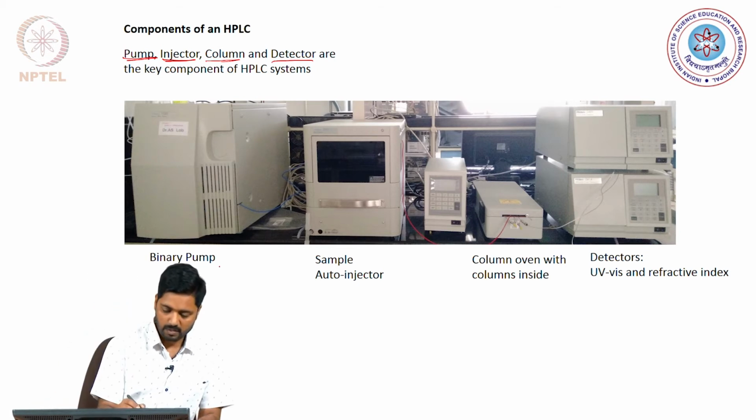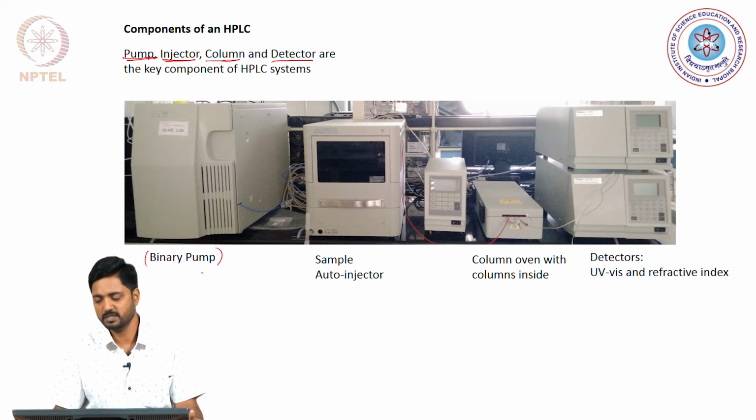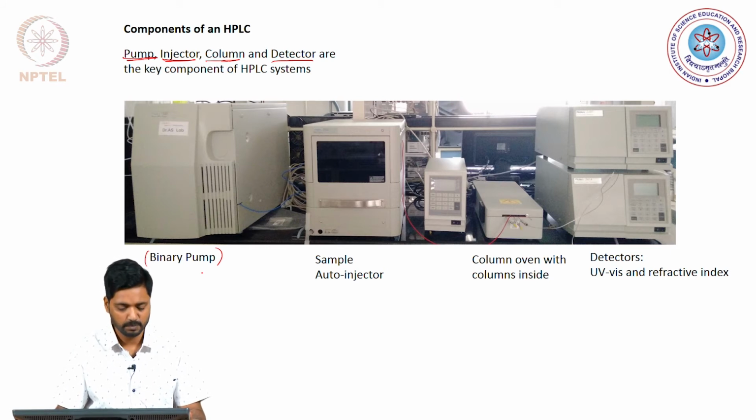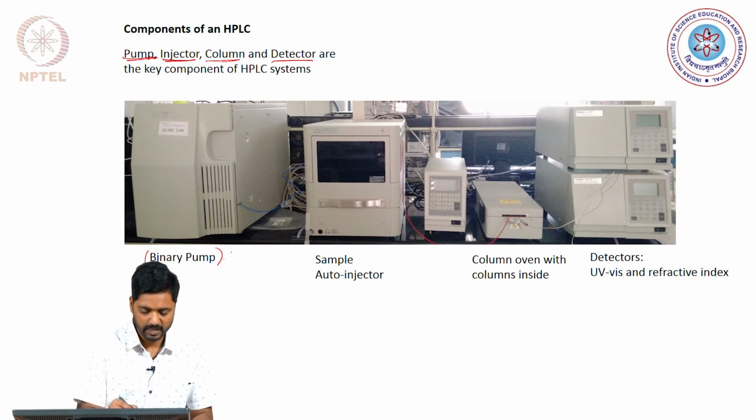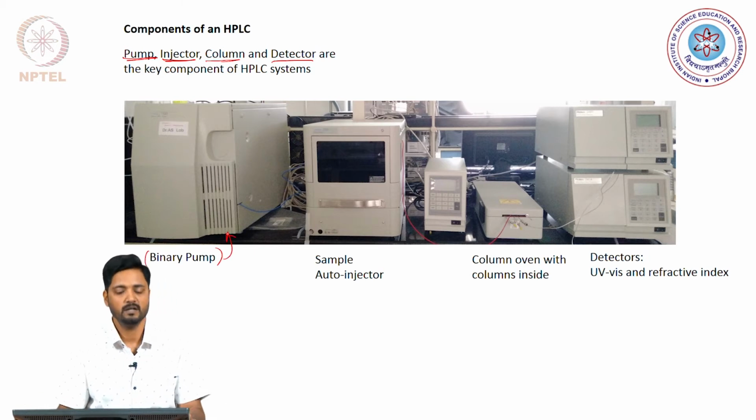Now, regarding the pump, this is an HPLC system which is present in my group. So, we have an HPLC that has a binary pump. That means we can simultaneously inject two solvents or a mixture of two solvents into our chromatography system.